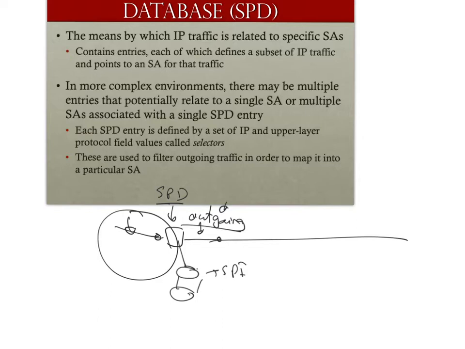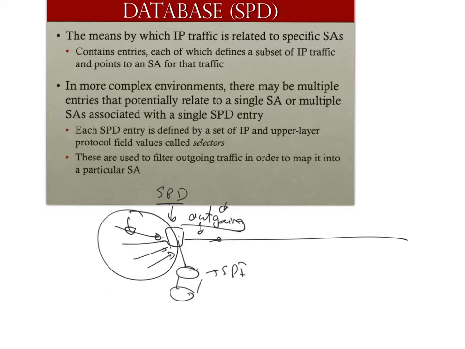Any traffic that comes in will use the security association of that tunnel. So many traffic flows coming in may in fact use the same tunnel, in which case they use the same security association. If this is a router, I may have multiple traffic flows coming in, and all of them will use that tunnel, right?